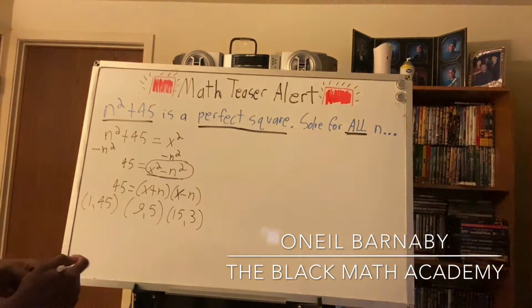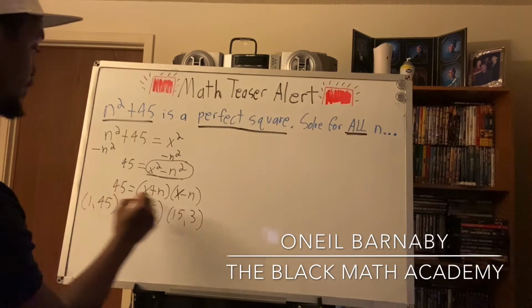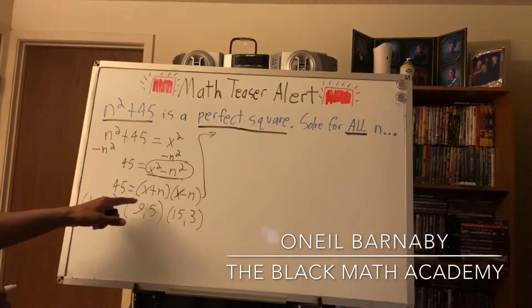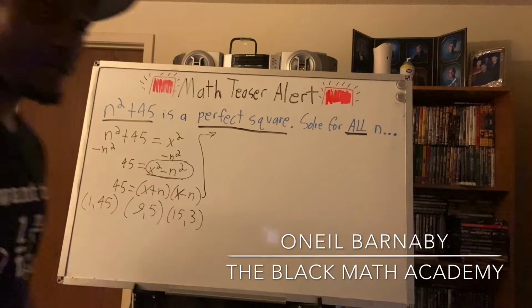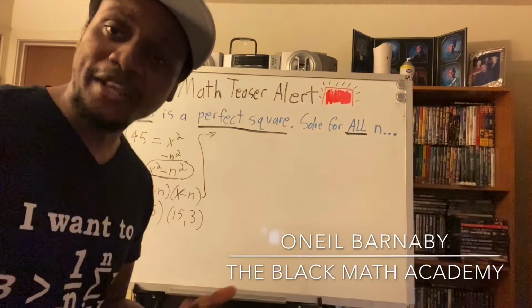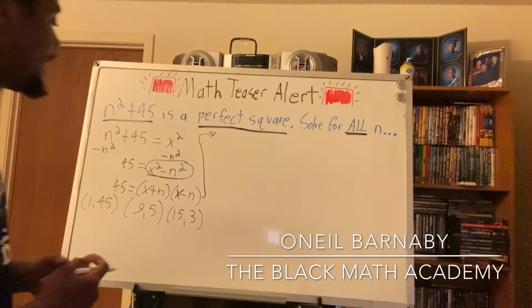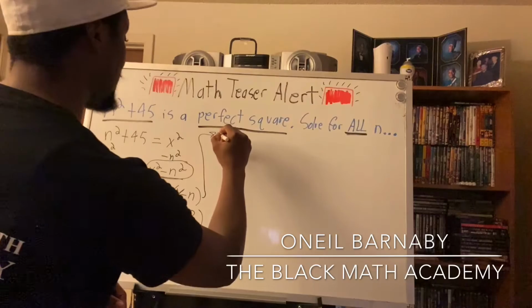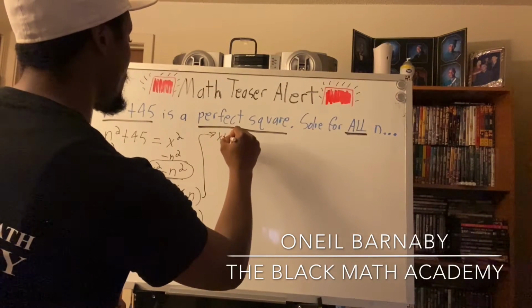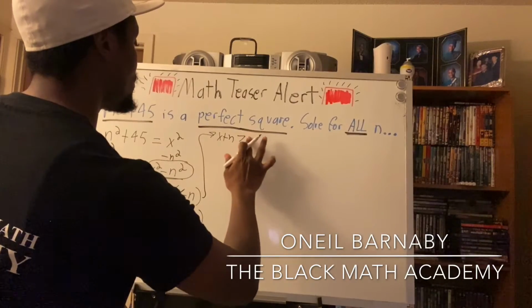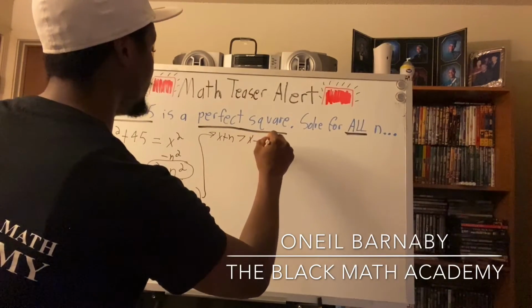One thing you do need to know is that from this step here, x plus n and x minus n, based on logic, x plus n has to be bigger than x minus n.